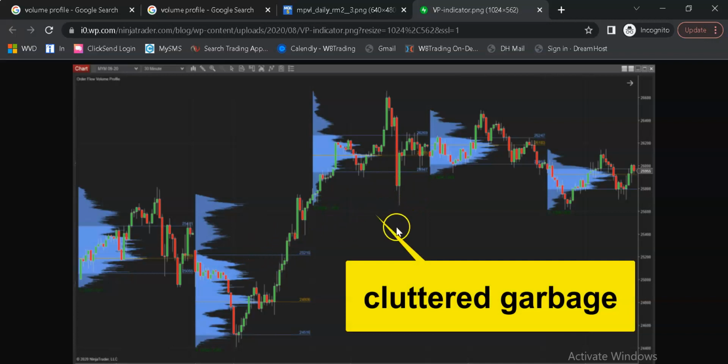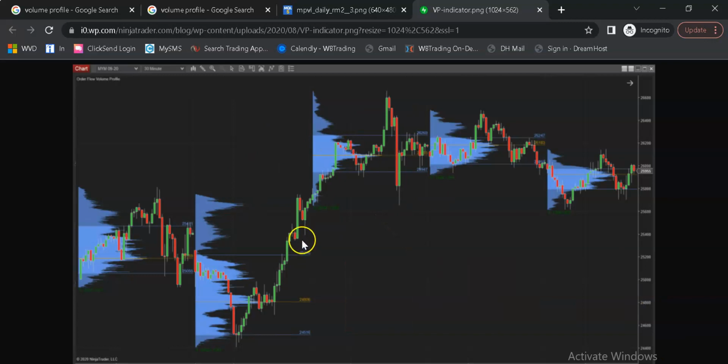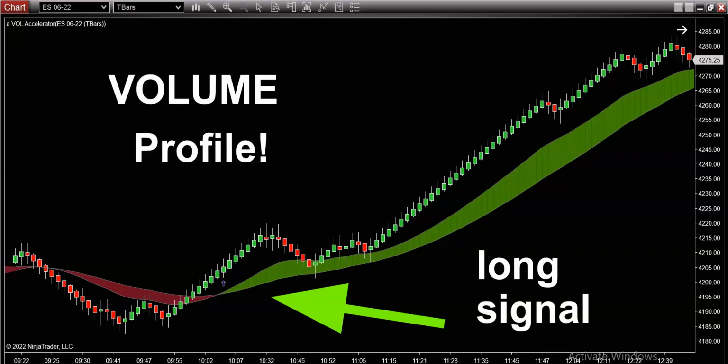This is a volume profile distribution. Bro, I'm not interested in this garbage. If I'm a simple trader and I want to create a simple volume profile for myself, well, this is what I want to look at.